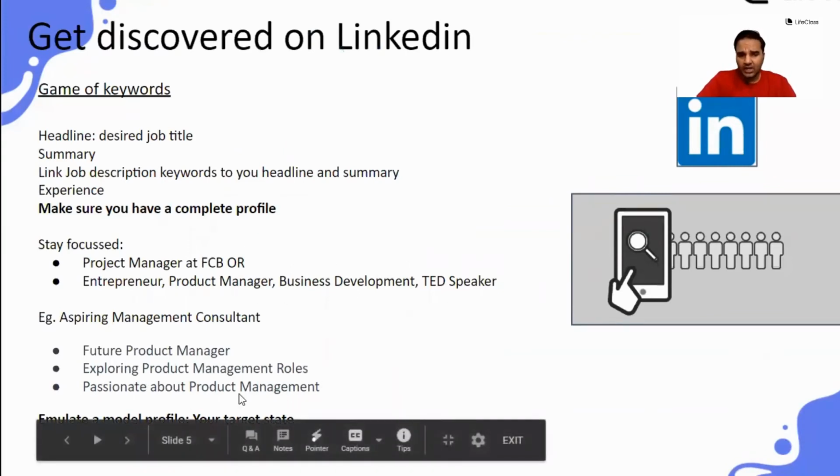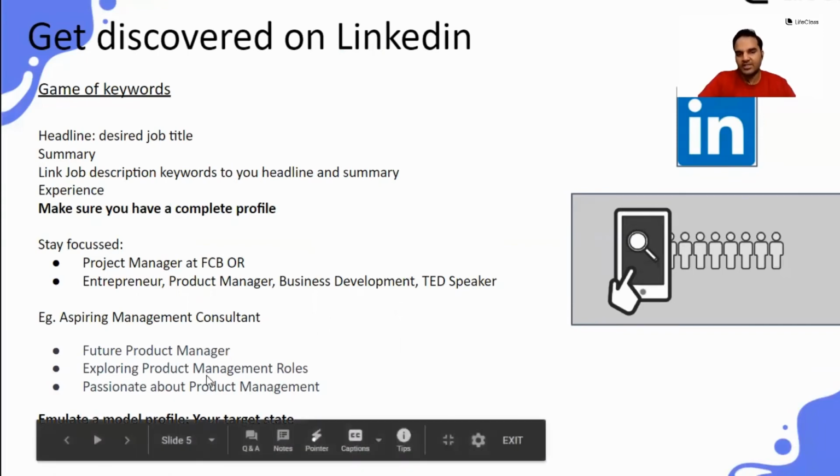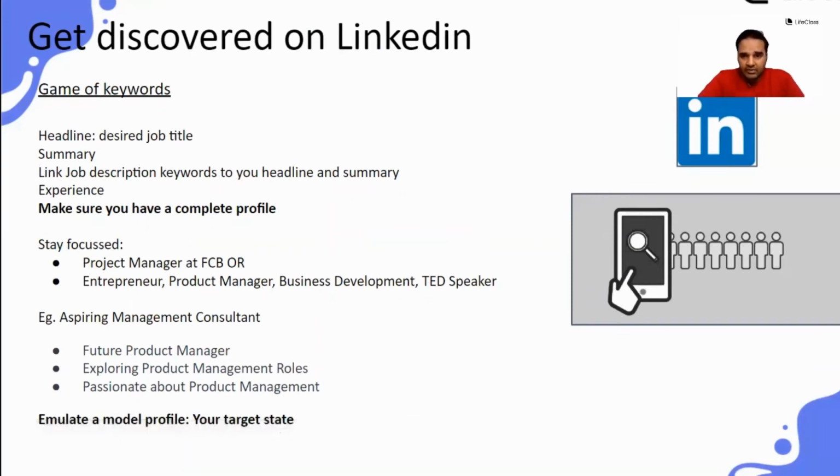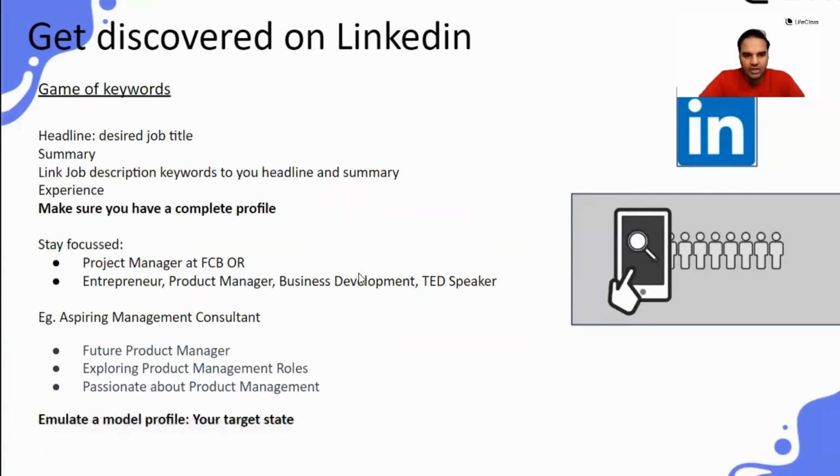I'm giving you some other qualifier hints: future product manager, exploring product management roles, passionate about product management. Nothing wrong. These are not lies. Never ever lie, but also make sure that you are able to put things correctly. Even if you don't have the experience, you should be able to express that I'm willing to or I'm looking for. That's not unethical.